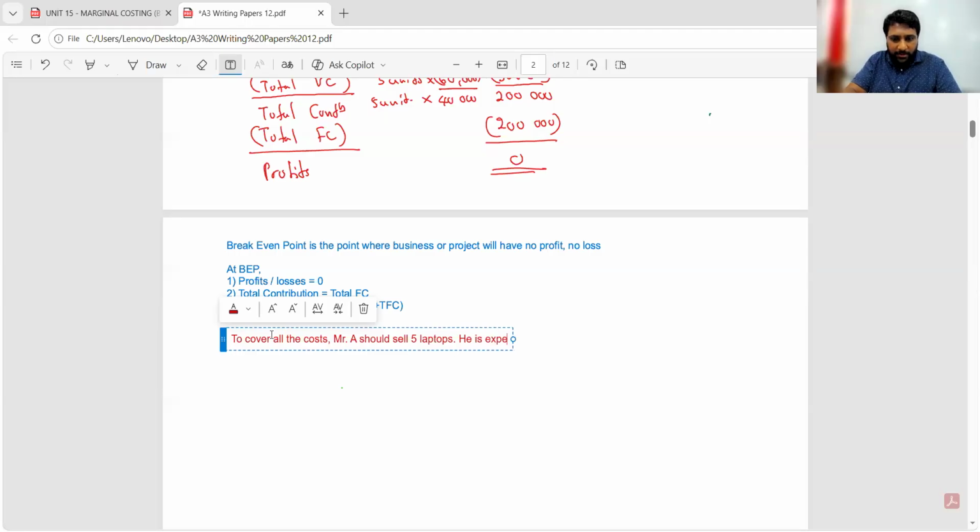He is expecting to generate a profit of rupees 80,000 by selling extra 2 laptops, which means altogether 7 laptops.